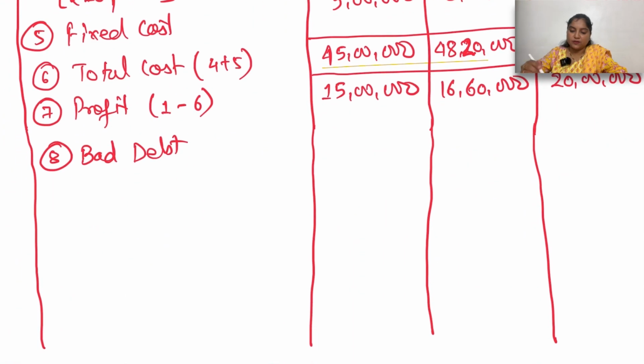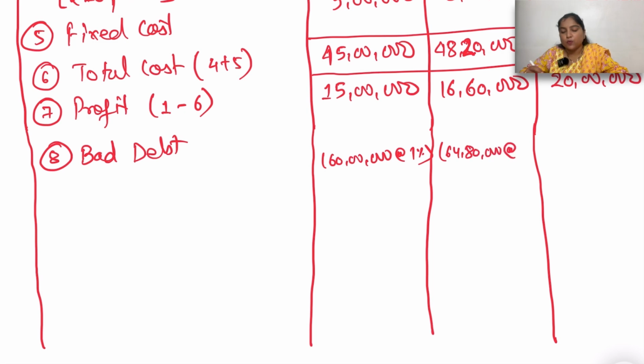So we can compute the bad debt easily: 60 lakh at 1%, then 64 lakh 80,000 at 2%, then 78 lakh at 6%.